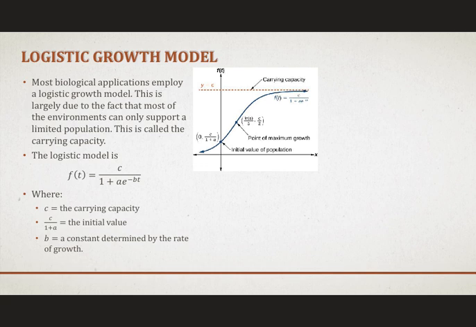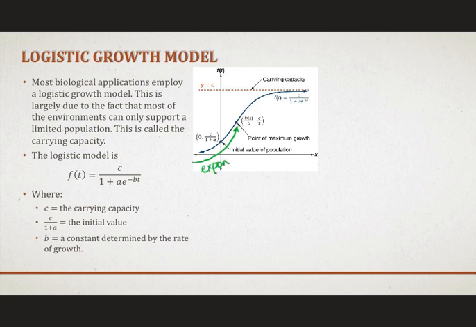Eventually, they're going to run out of food, or space, or other resources. If you're looking at bacteria in a petri dish, it's going to run out of space pretty quickly. So there's some sort of limiting factor.